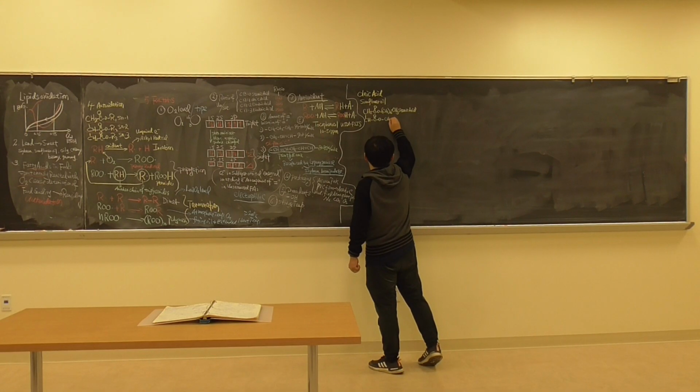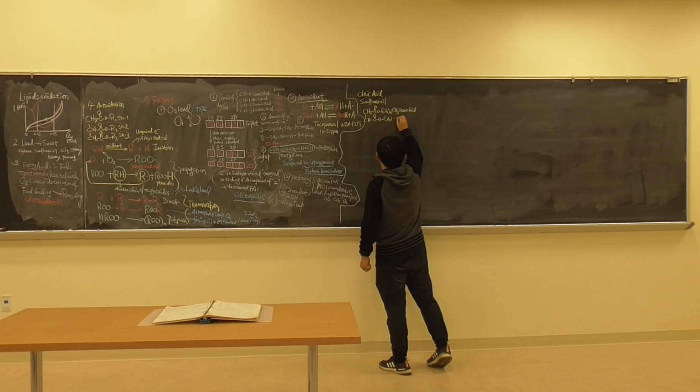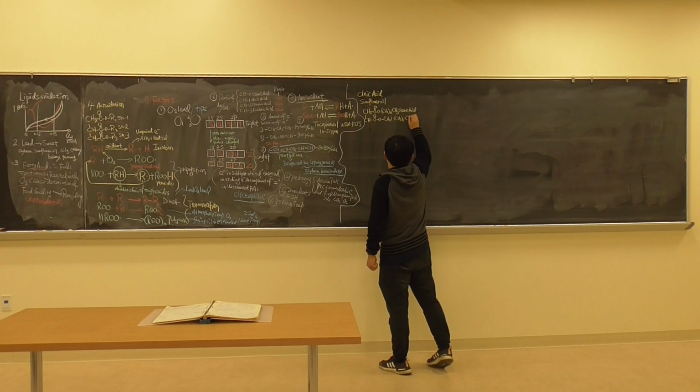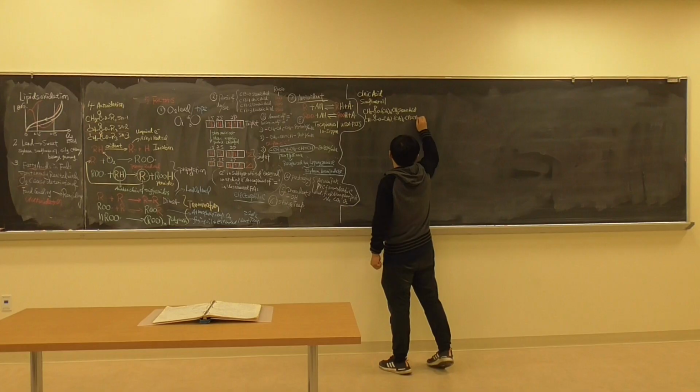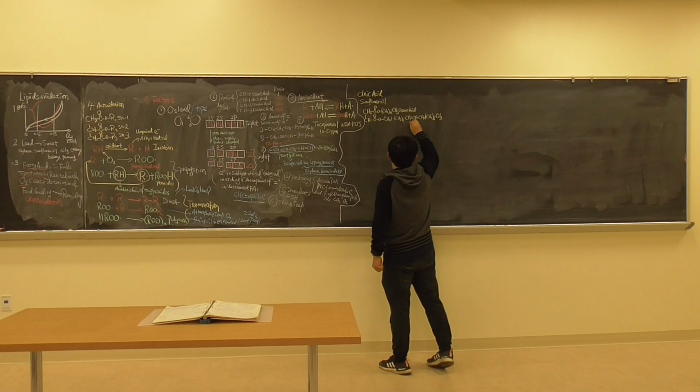So oleic acid, like that, 1, then 6. You go here, then you go CH2, then CH2, 6, and you go CH3. That's oleic acid.